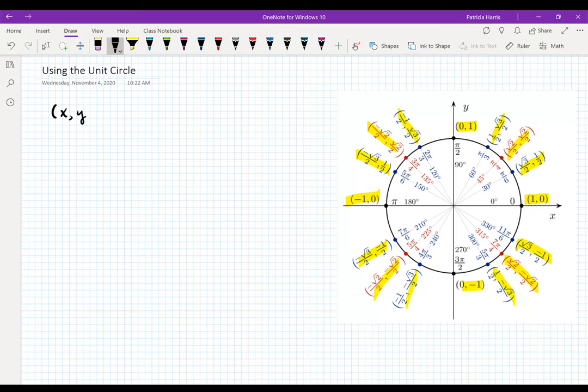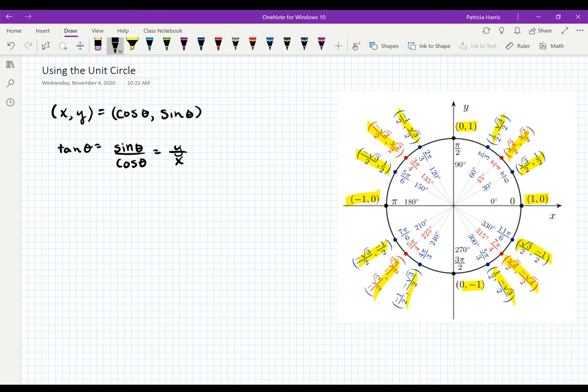So the X and the Y are equivalent to cosine of the angle, which we'll call theta, and then sine theta. Okay, now if you're ever asked to find tangent of theta, it is going to be sine over cosine, or more simply, y over x.